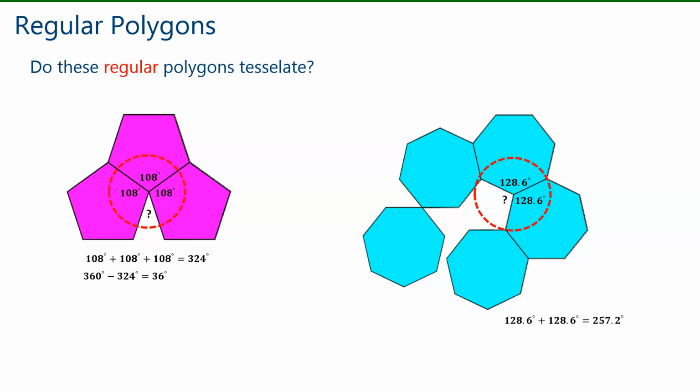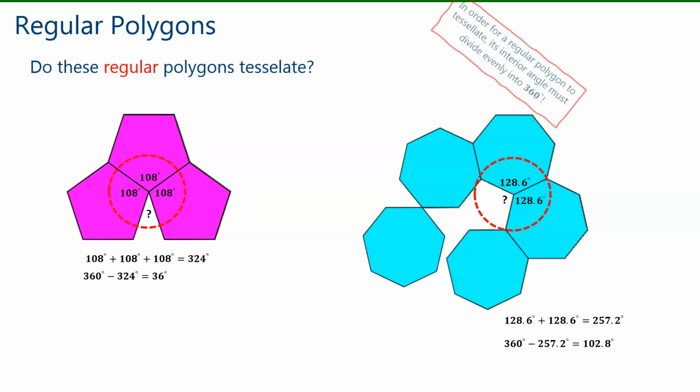So what is the missing angle? 360 subtract 257.2 would only be 102.8 degrees. So it is not big enough to fit another heptagon in that gap. Therefore, the heptagon will not tessellate because the three angles do not add up to 360 degrees.